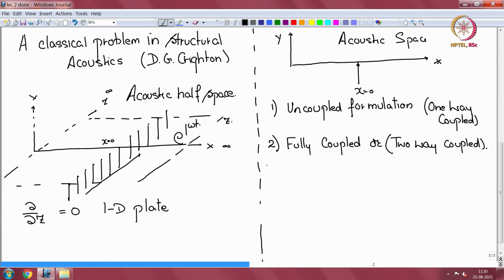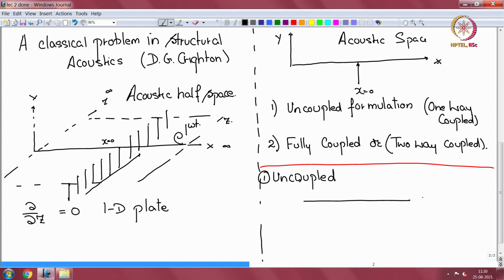So what is one-way coupled? One-way coupling, or the uncoupled formulation, is where the structure is first placed in vacuum and it is forced.